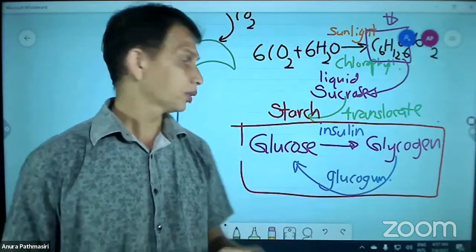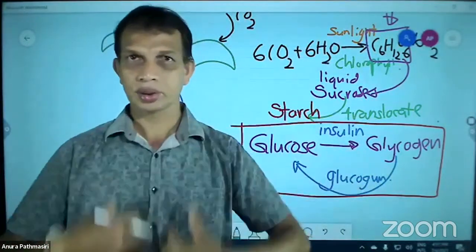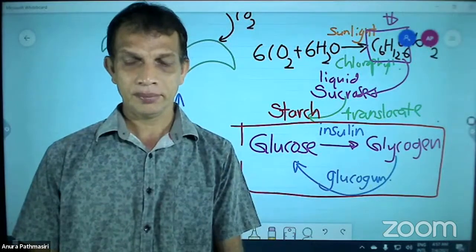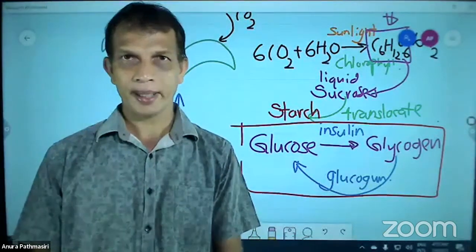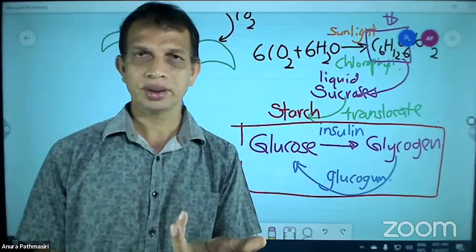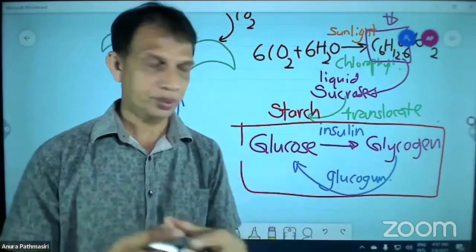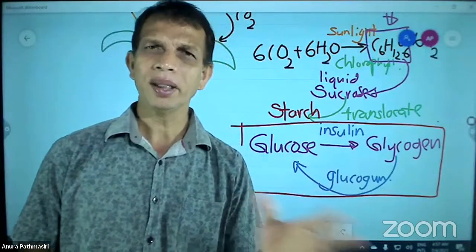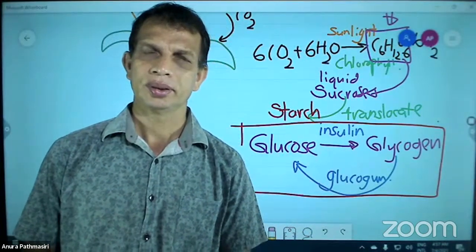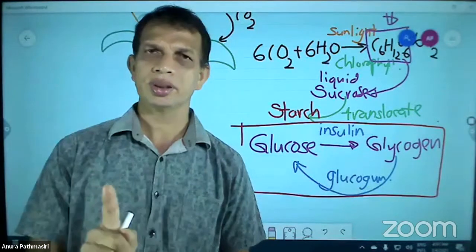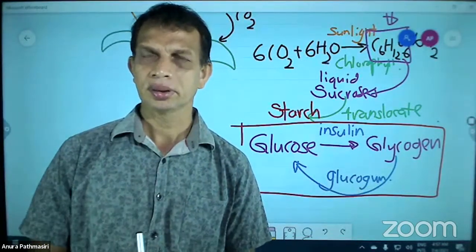We have to convert the glucose into glycogen and store it in our tissues. And then whenever we require the glucose back for our cellular respiration to generate energy, we need to get it back by using glucagon. Well, what about the plant body? Do you think that the plant body has to convert the starch into monosaccharide?